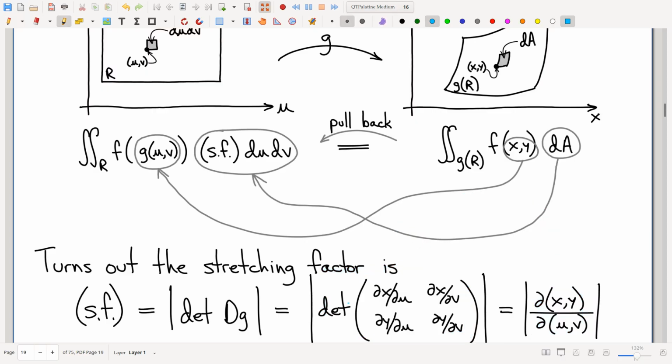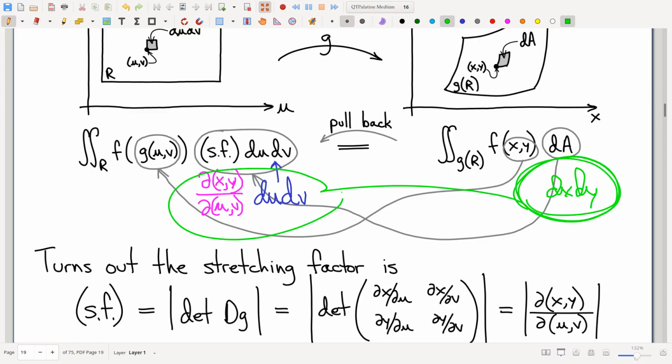Real quick, the first observation: if I were to take this du dv here and multiply by this stretching factor, partial xy over partial uv, using this questionable notation, and I claim that produces little bits of area in the xy plane, which we're accustomed to writing as dx dy, notice that it's as if, and I get the willies just thinking about doing this, that cancels with that.